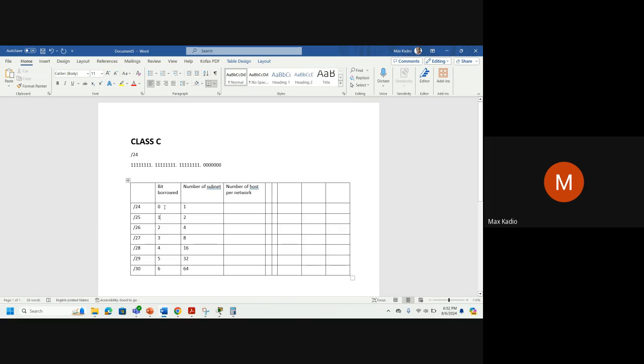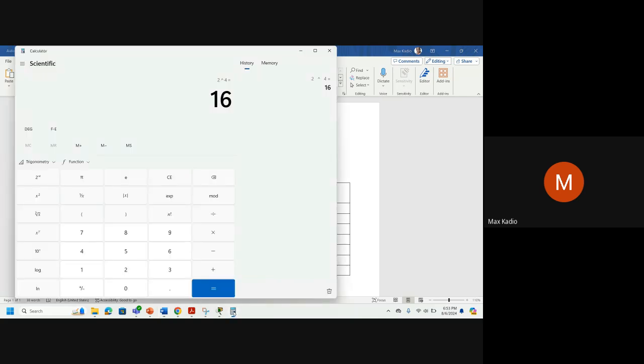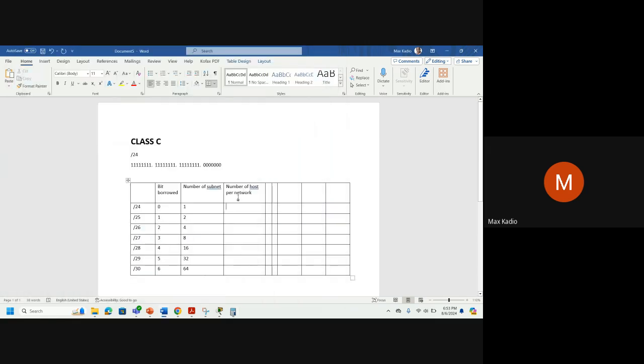So it's very simple. You put 0, 1, 2, 3, 4, 5, 6. Here's 1 times 2, times 2, times 2, times 2. Now, on top here, if I don't borrow anything, the number of subnets is 2 to the power of bits borrowed, and the number of hosts is 2 to the power of remaining bits minus 2.